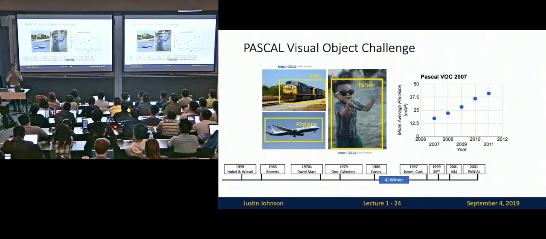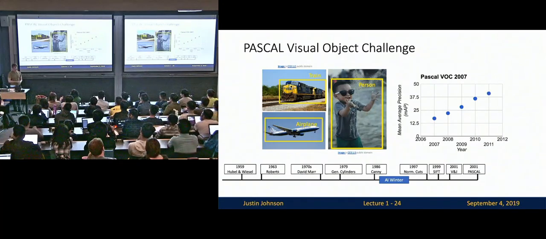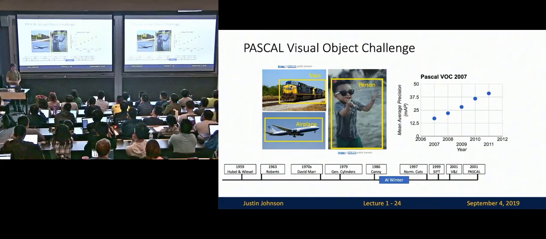So we could download images from the internet to help build these data sets of images, and then get graduate students to label those images. Then you could use your machine learning algorithms to mimic the labels that the graduate students had written down on the images. And you can see this nice graph on the right of performance on this recognition challenge increasing steadily over time from about 2005 to 2011.